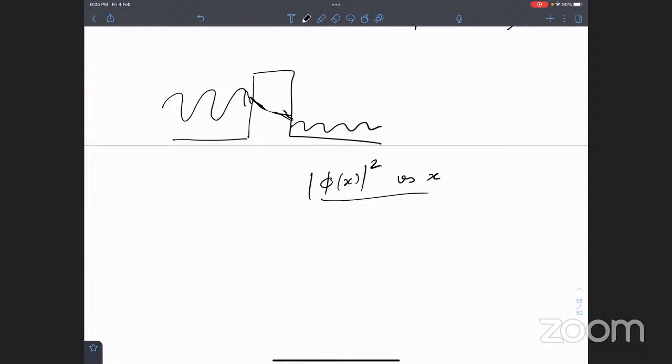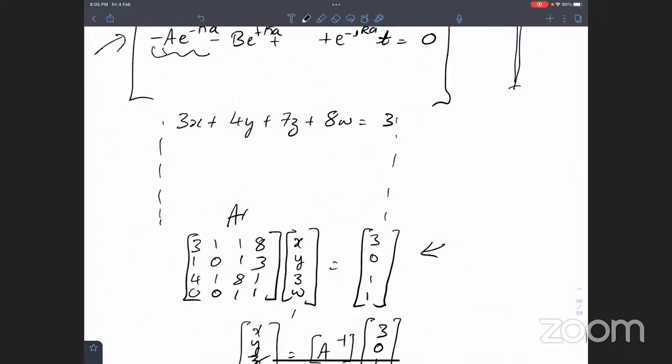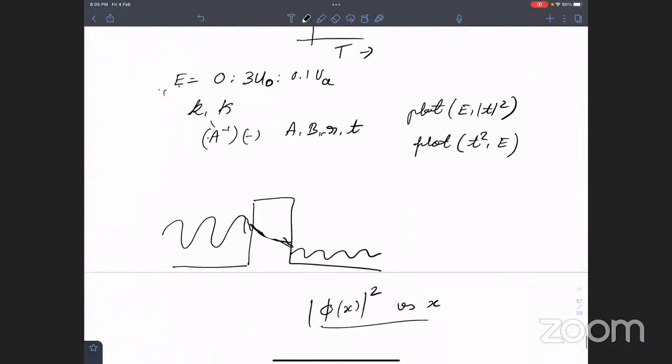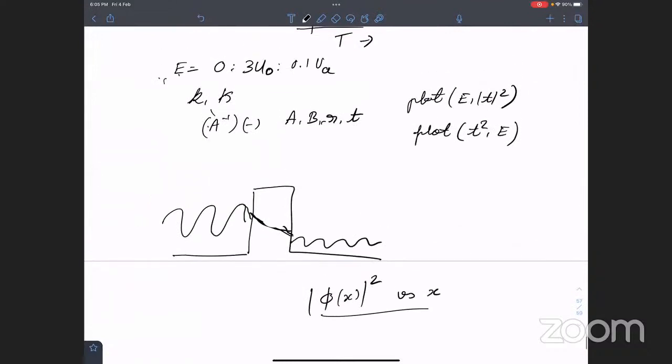Okay. So what is the physical interpretation? Physical interpretation is very similar to the frustrated total internal reflection that I talked to you about. There is going to be this evanescent tail.